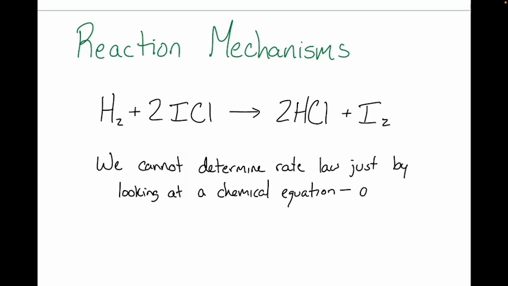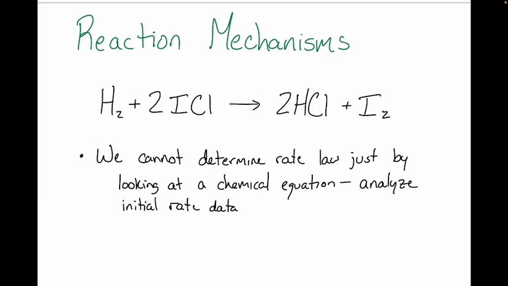We got to analyze that initial rate data. Okay, so if we have just some random reaction that we're trying to study here, the only way that we can get a rate law is to actually do the reaction in a lab and gather some data, and then we can figure out what the rate law is that way.